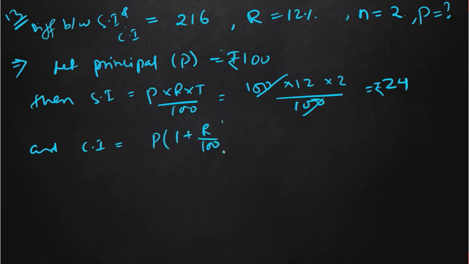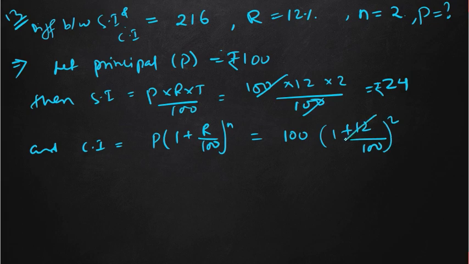Okay, and what will be the compound interest? Compound interest will be P into (1 plus R by 100) to the power n. So P is 100, and 1 plus the rate is 12 by 100, to the power 2. So this will be 2 sixes are 12, 2 fives are 10, 50, and 2 threes are 6, so 225.